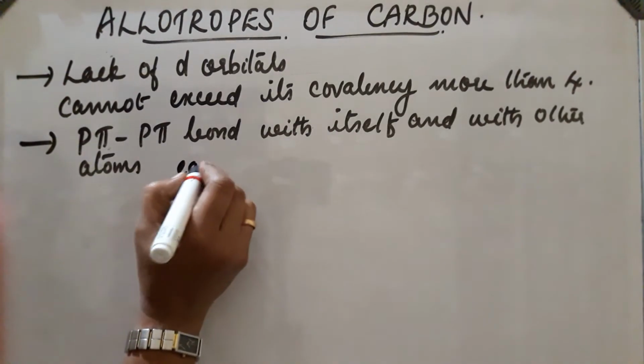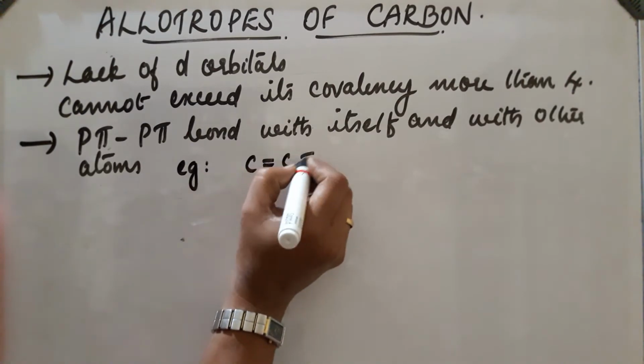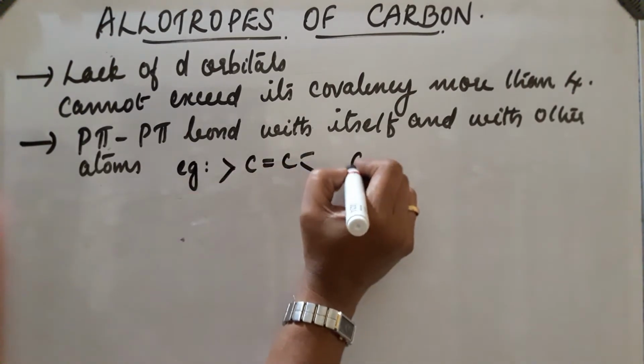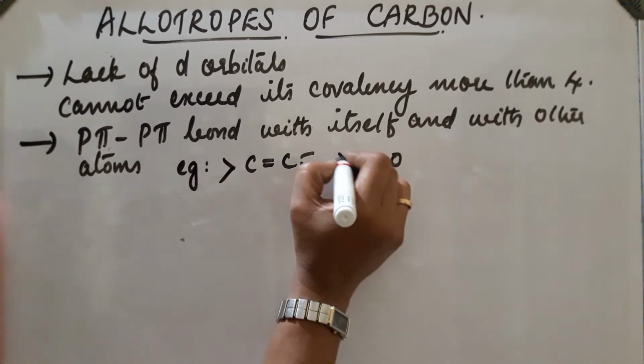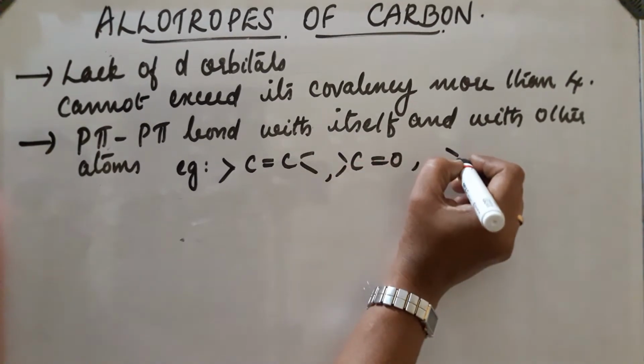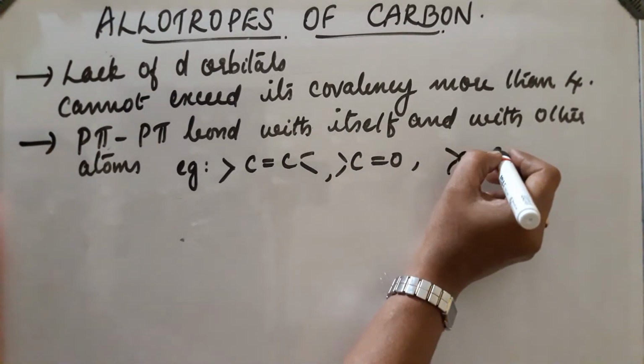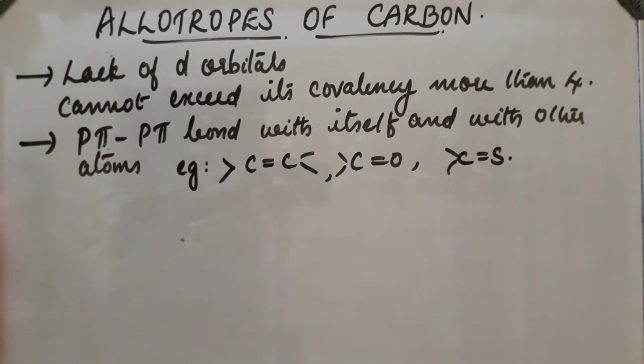For example, carbon can form pi bonds like this, with itself and with other atoms which have high electronegativity and smaller size. These are some of the examples.